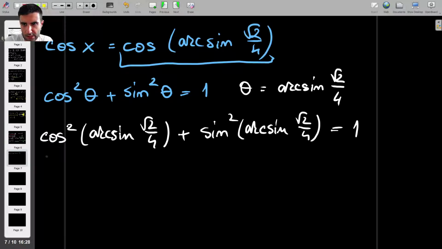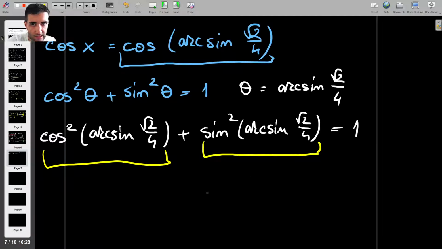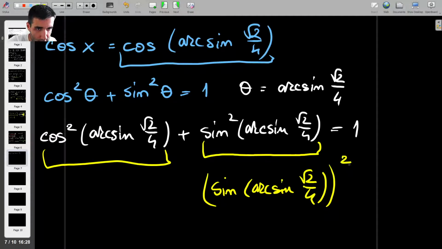Okay, and what we're trying to find is essentially this side, and we know this is essentially sine of arcsine of root 2 over 4 and then squared. So sine of arcsine of root 2 over 4, just make this look a bit better. So this is root 2 over 4 squared. So this is 2 over 16.